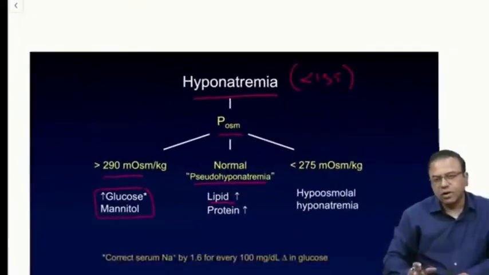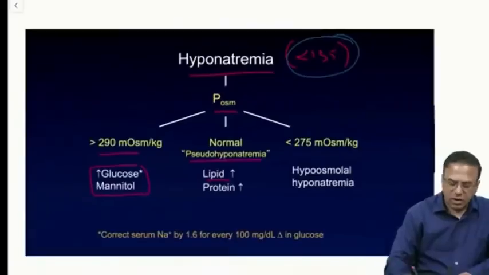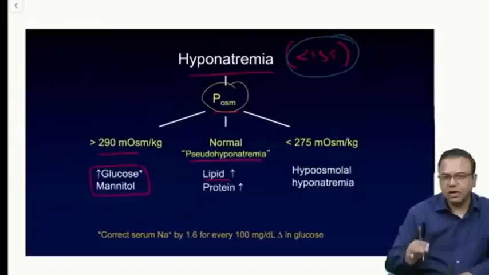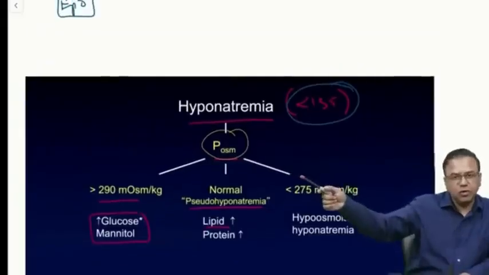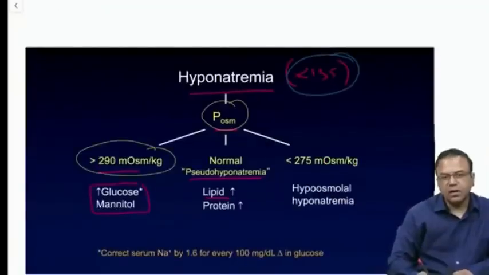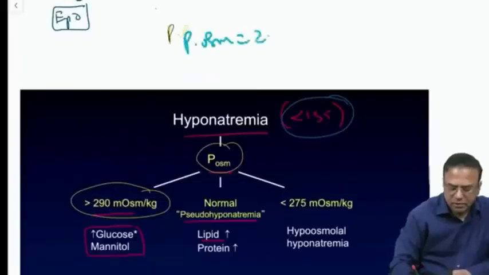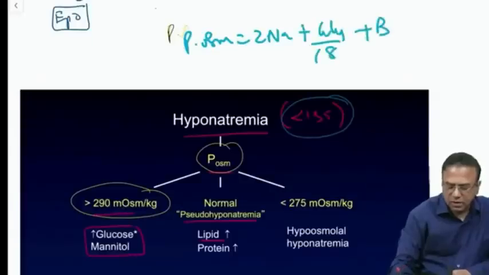Electrolytes, most important in our exams is hyponatremia. Sodium is less than 135. In that case, look at the plasma osmolality, because in any hyponatremia we expect osmotic force to be low. But if you find that the plasma osmolality is high, then plasma osmolality is nothing but 2 times sodium plus glucose by 18 plus blood urea nitrogen by 2.8, correct?